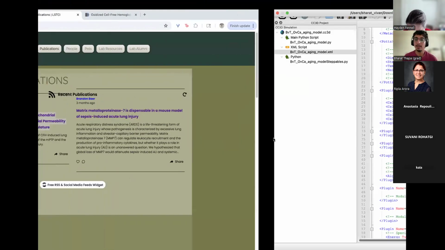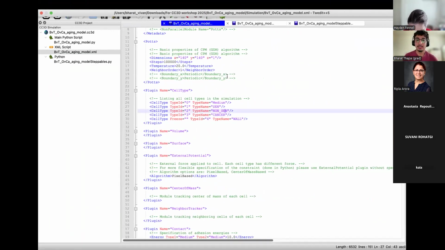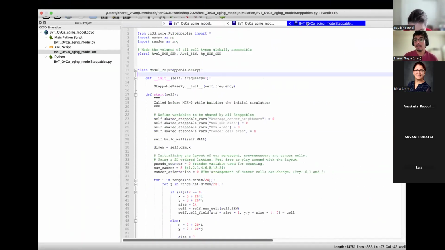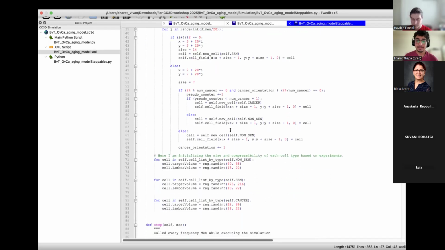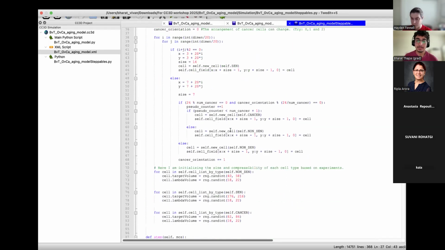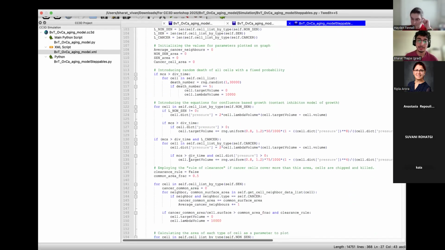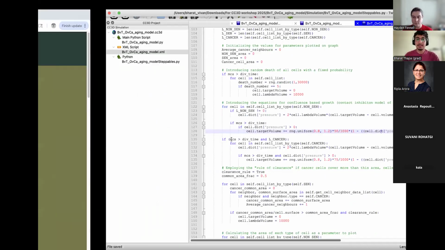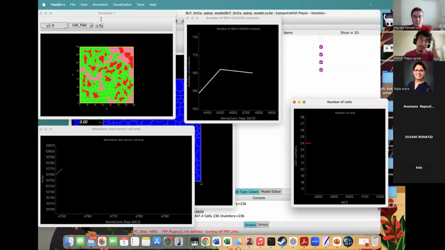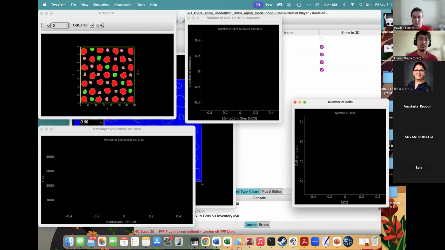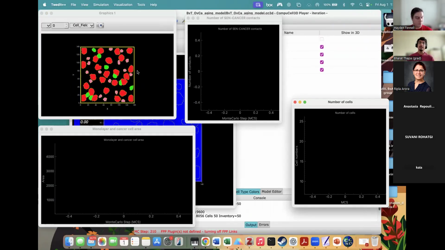And now I would go to my model again and turn on the clearance model, the clearance rule, sorry. Save it. And play.